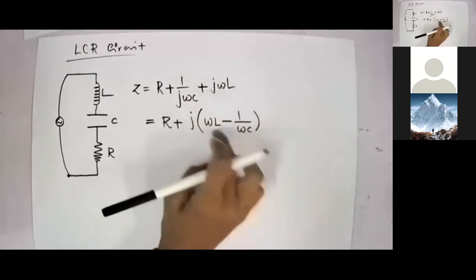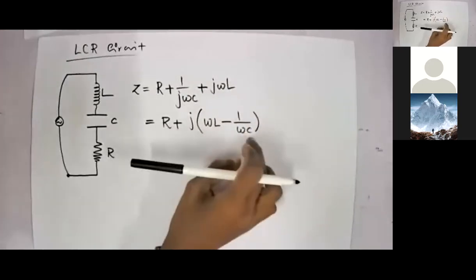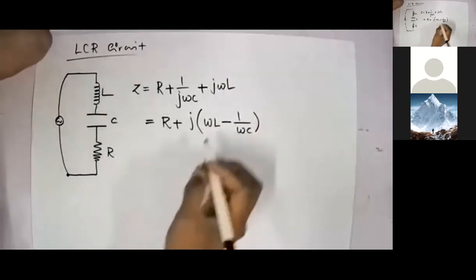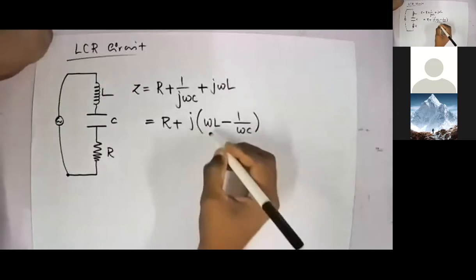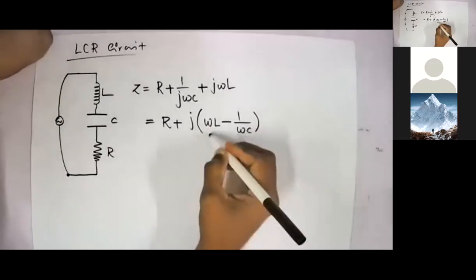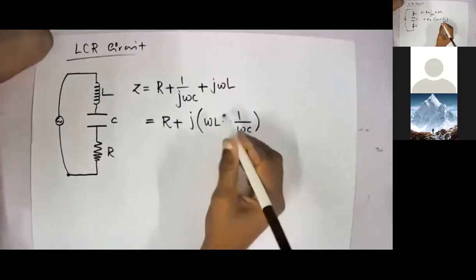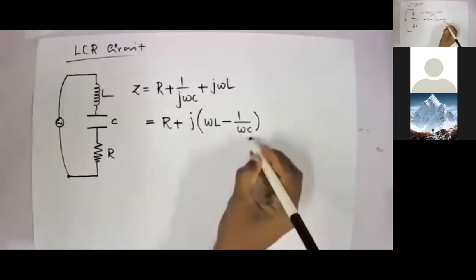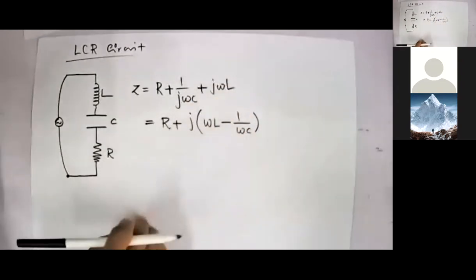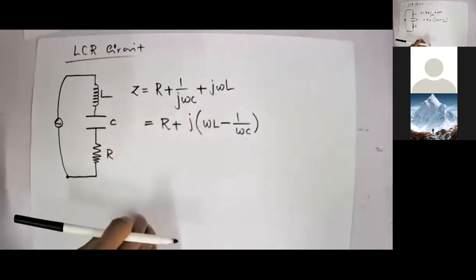So you have two variables: at the expense of increasing inductive reactance, the capacitive reactance will be reduced. When one increases, the other will be reducing. So there will be a nullifying point in the middle, right?